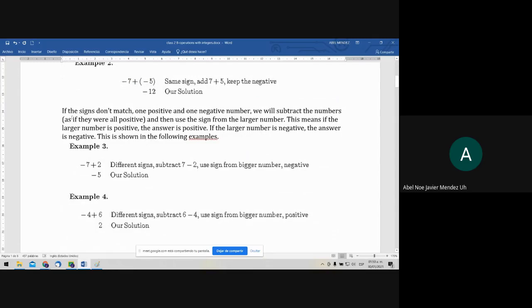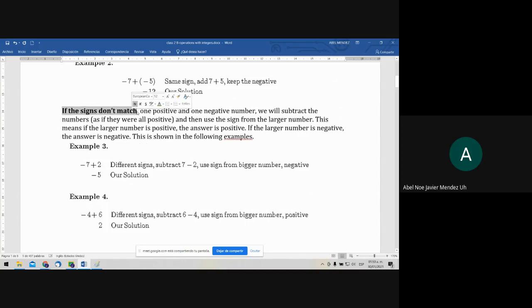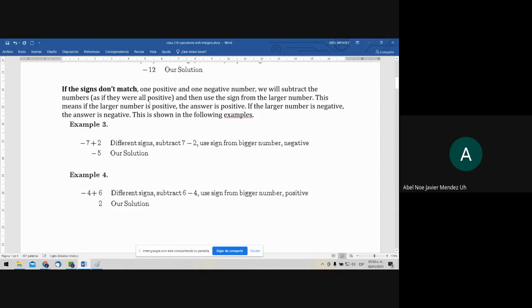Here we have another case. The other case, case number 2, is if the signs don't match. This is important. What are we going to do if the signs don't match? Maybe one positive and one negative number.